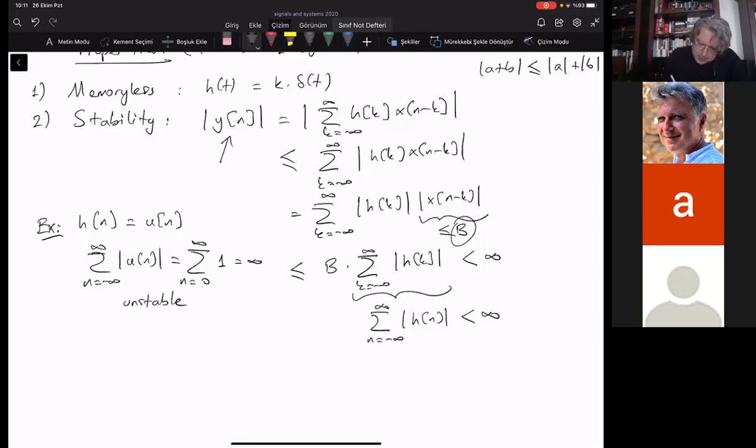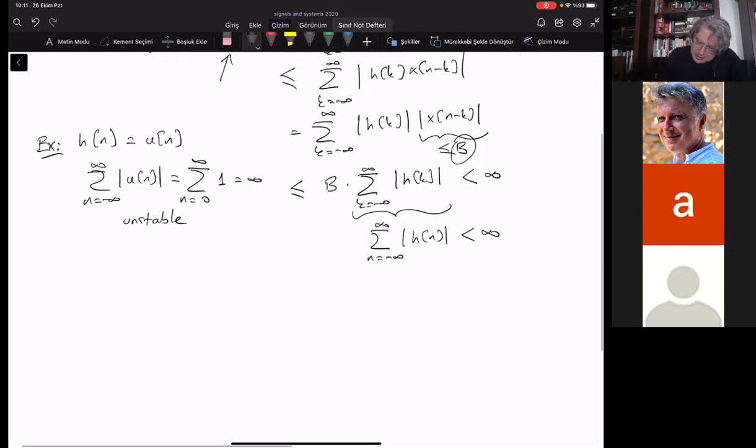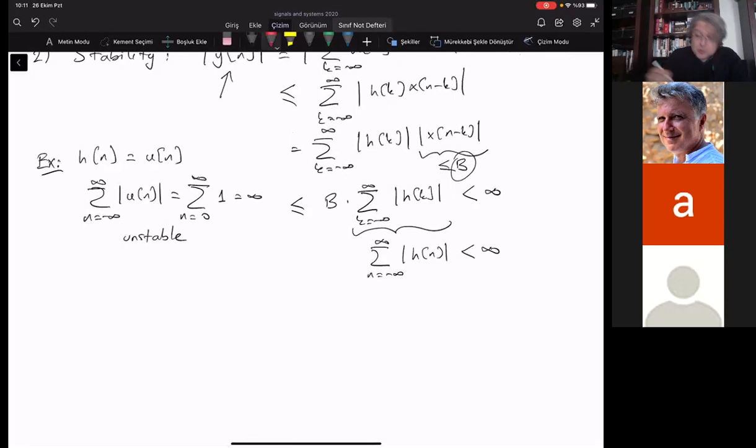How about the continuous time version of it? The continuous time version, I will draw in red, is this: the integral of absolute h of t dt must be finite. So it's just like the sample sum of h of n.